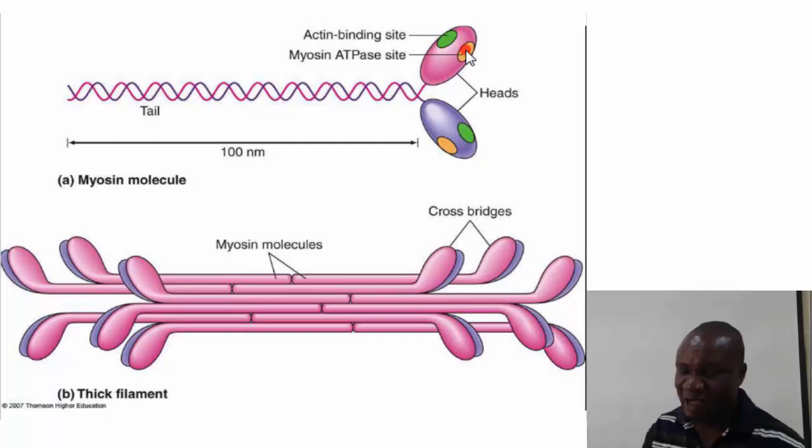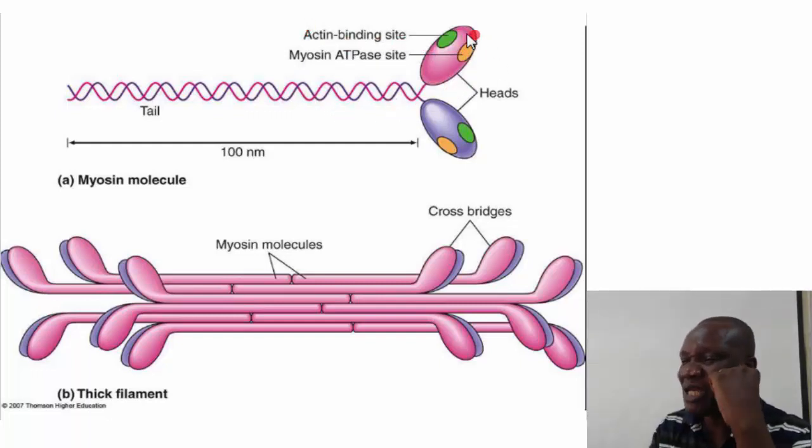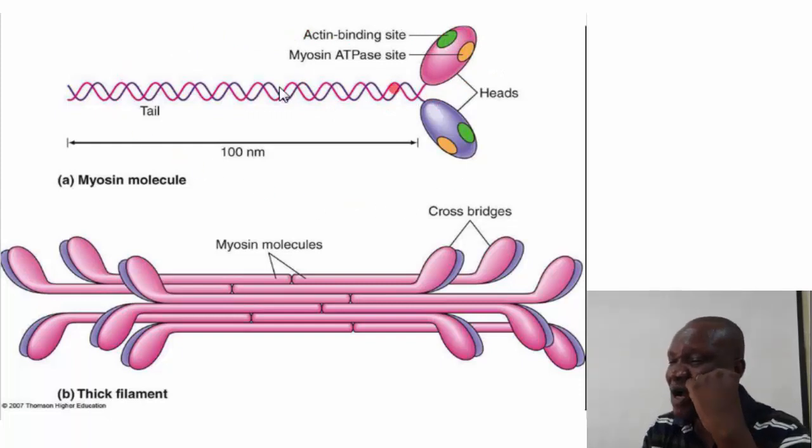So in summary, the thick filament is made up of the protein myosin, and each myosin protein has a tail and 2 heads. The myosin proteins come together to constitute the thick filament, which is made up of the tails of the myosin proteins.